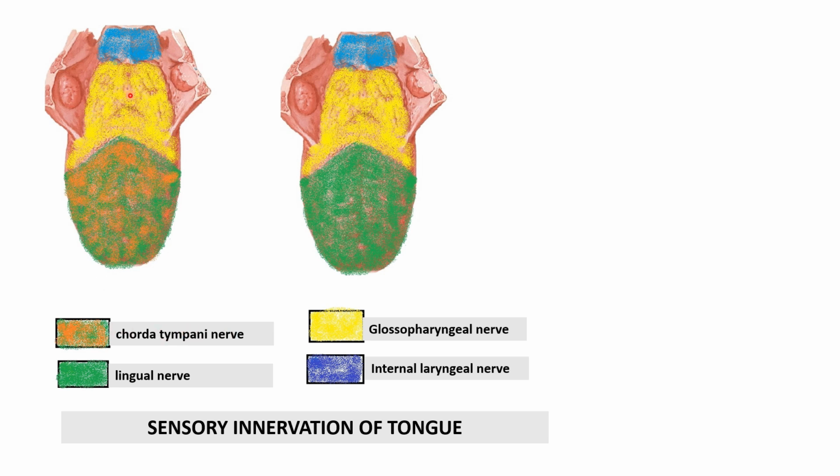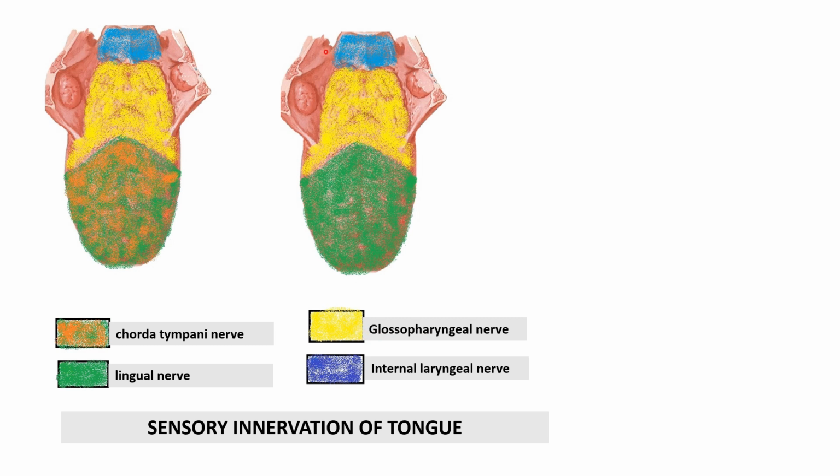And remember, from the posterior one-third portion of the tongue, both general sensation and taste sensation are carried by glossopharyngeal nerve. This glossopharyngeal nerve carries both general and taste sensation from circumvallate papillae also. So from the posterior one-third of the tongue, including circumvallate papillae, general sensation and taste sensation are carried by glossopharyngeal nerve.